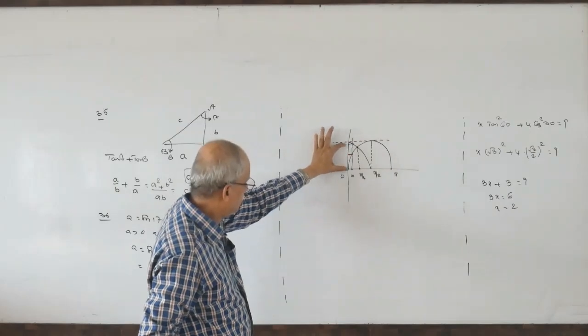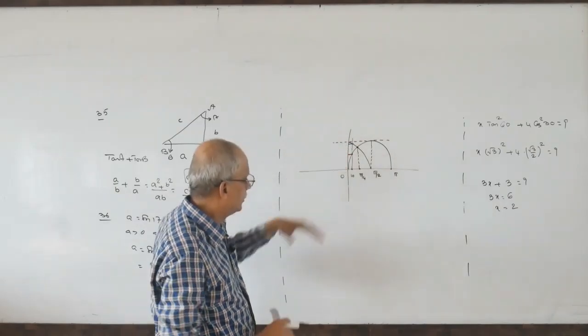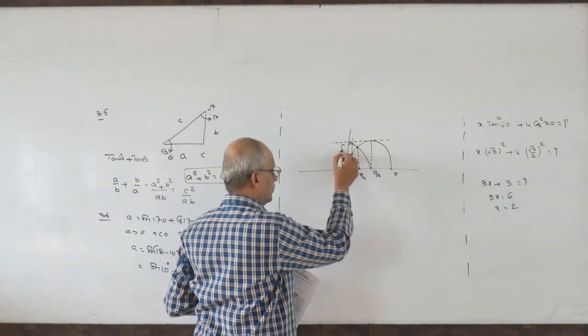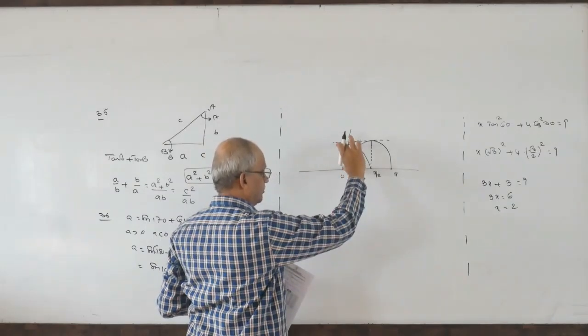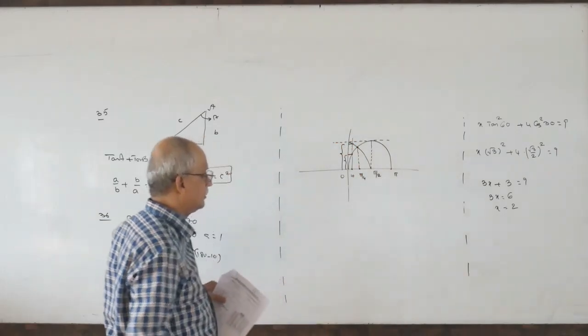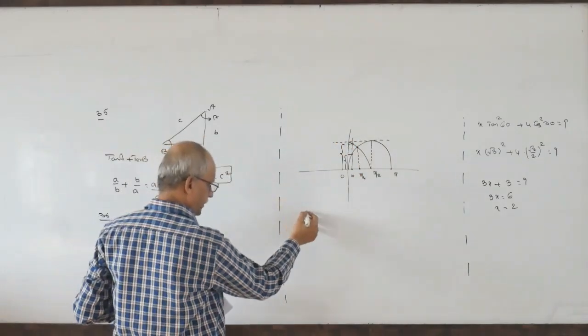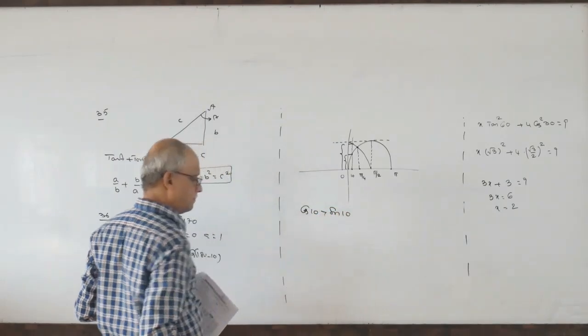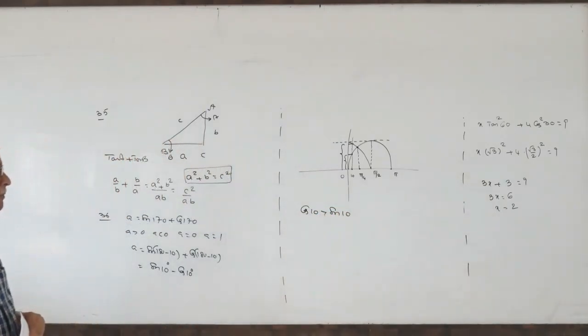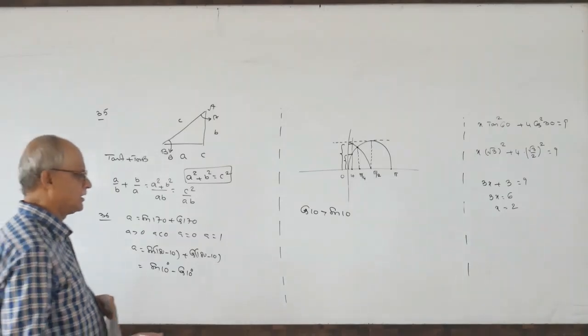Understand? This is height, this is height. Which height is more? Simply coordinate geometry. This is bigger than this. From the graph we understand cos 10 is greater than sin 10, or sin 10 is less than cos 10.